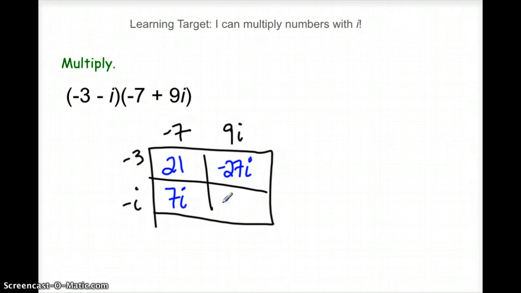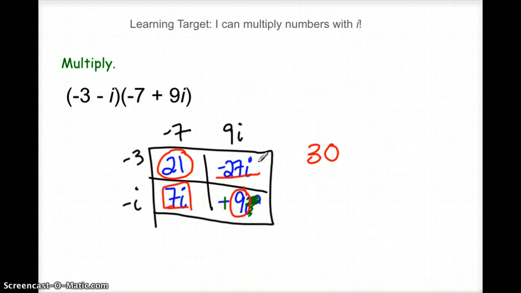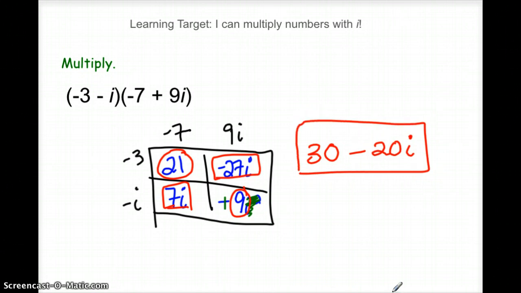Negative times a positive, negative 9i squared, because there's 2 i's. However, the i squared is going to cancel and it's going to turn into a plus 9. So add my regular numbers together here. 21 and 9 would give me a 30. And then 7i, negative 27i, so minus 20i. There it is.